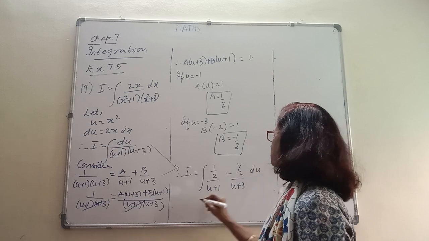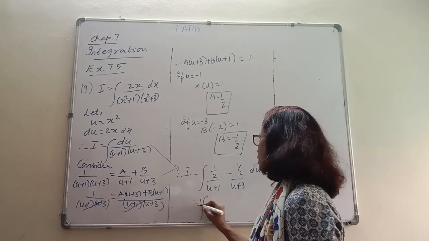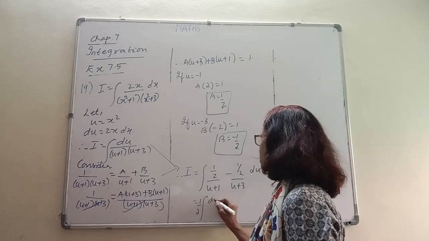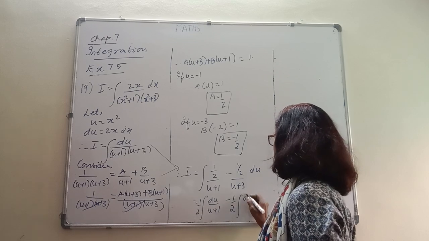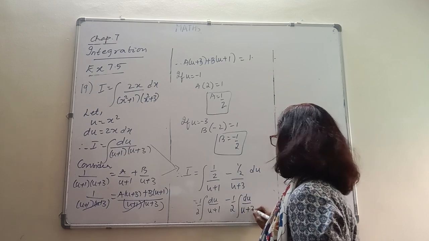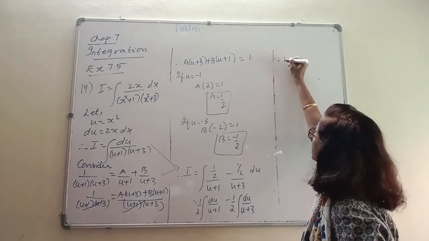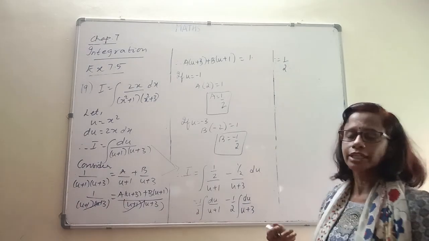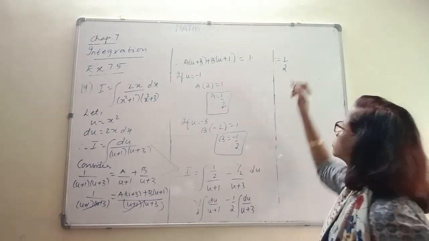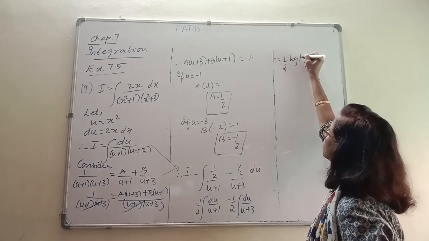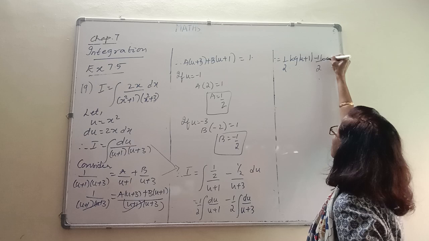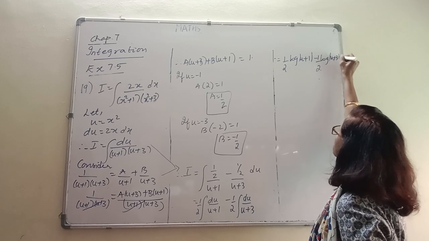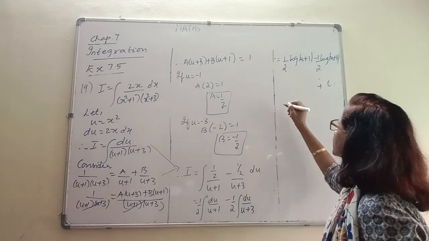When we split it, it becomes half times du over u plus 1 minus half times du over u plus 3. We all know a linear in the denominator means it's going to be a log, so it's going to be half log modulus of u plus 1 minus half log modulus of u plus 3 plus C.